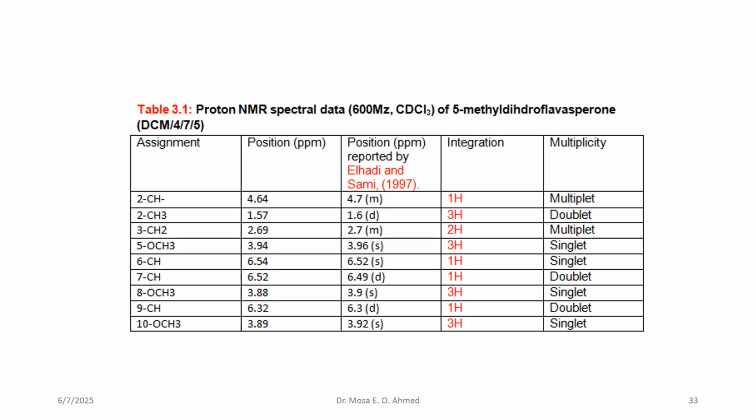When we compare the result obtained for the isolated compound and the result reported in literature, we find similarity in the position of the signals for proton NMR. There is similarity in all signals of proton NMR, so we conclude that the compound is typically the one reported in literature.